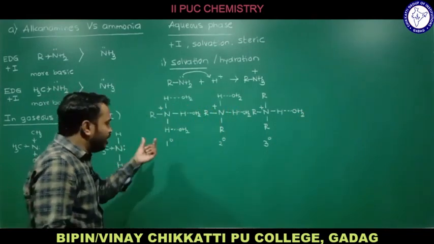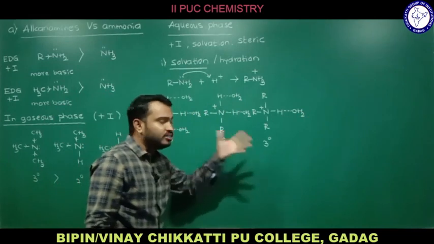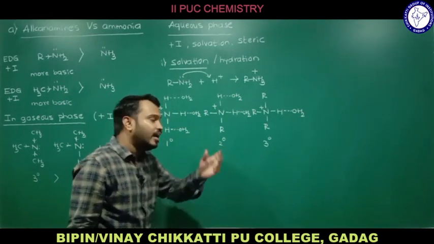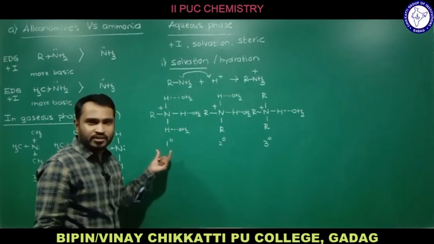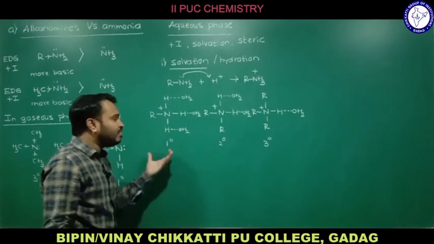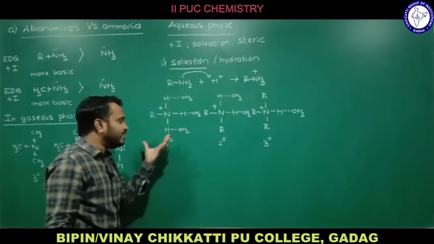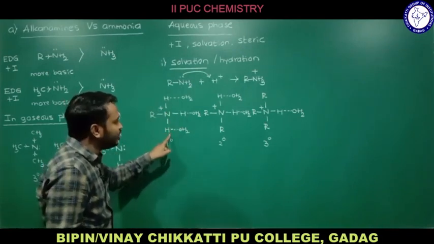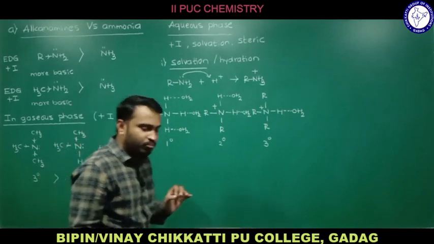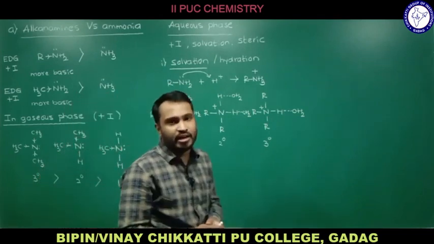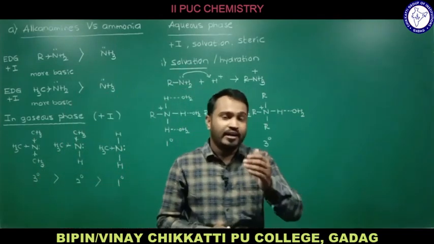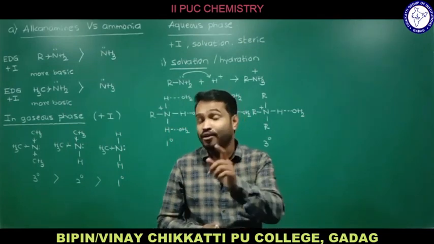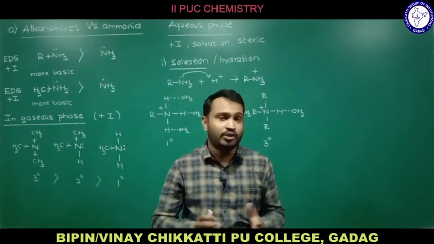If you compare primary, secondary and tertiary amines, intermolecular hydrogen bonding is greater in the case of primary amine, because we have 3 hydrogens here. Greater the intermolecular hydrogen bonding, greater the stability of the cation of the respective amine.